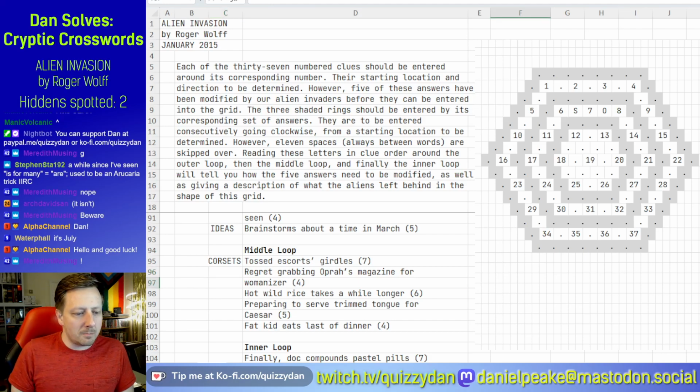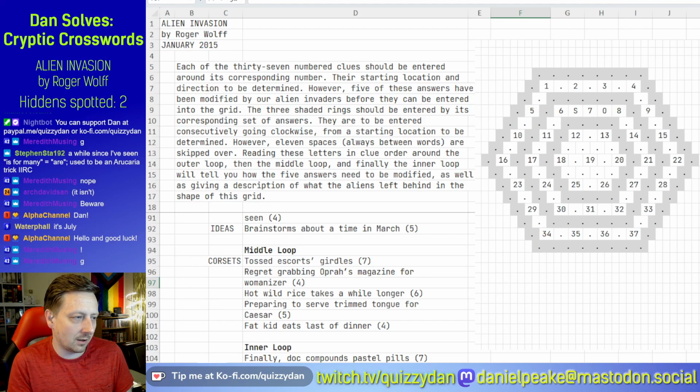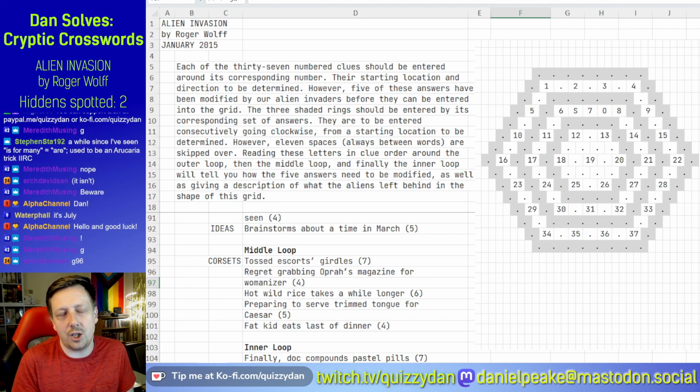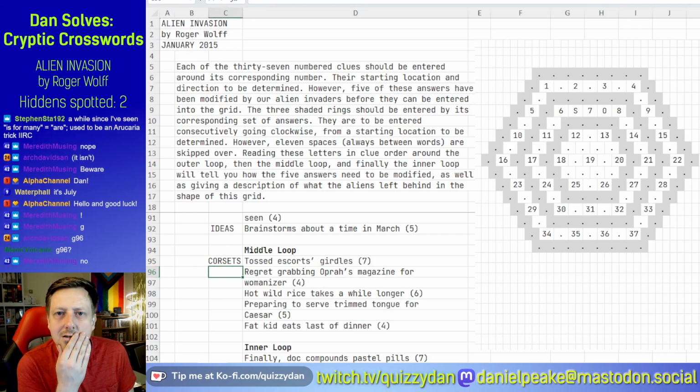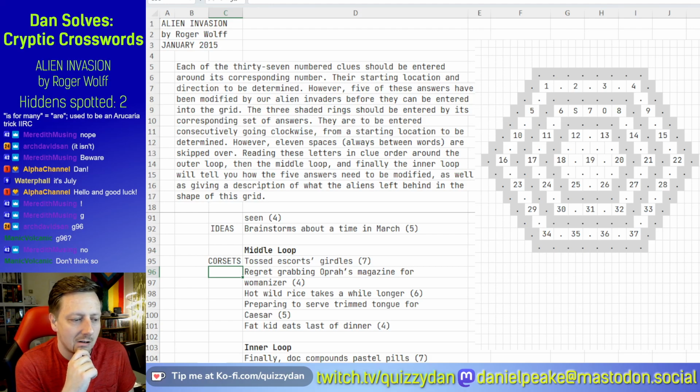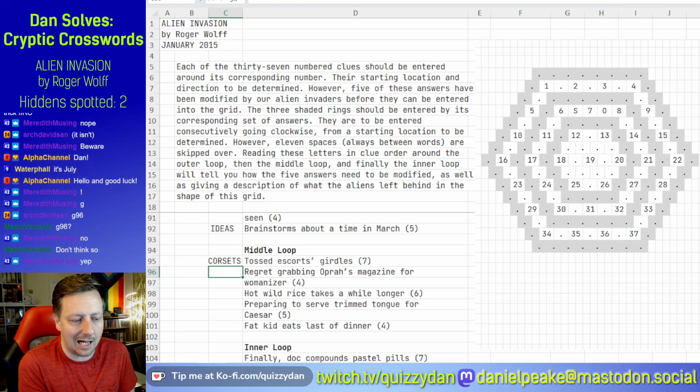Regret grabbing Oprah's magazine for womanizer. I'm assuming... Did she have a magazine called X? No, it's got to be one letter though, her magazine, I assume. Because regret is probably Rue, and we're going to put one letter in between the U and the E, and we're going to get a womanizer, and I thought it was going to be a Rux, R-U-X-E.